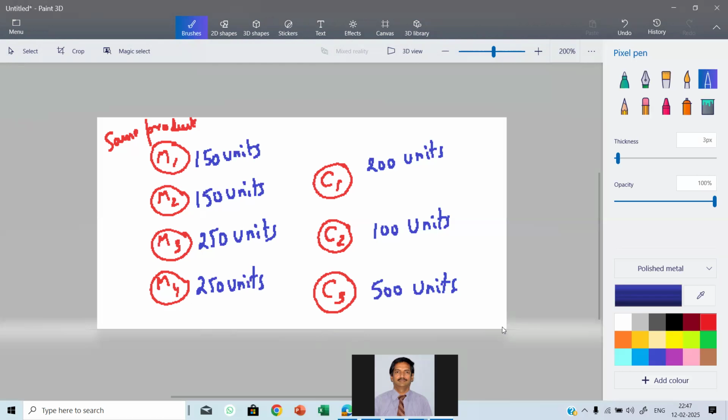So 150, 150, 300 plus 250, 250, so 800. Whatever my demand from C1, C2, C3 is, the same number of units I am producing. So total demand and total supply are both equal, right?